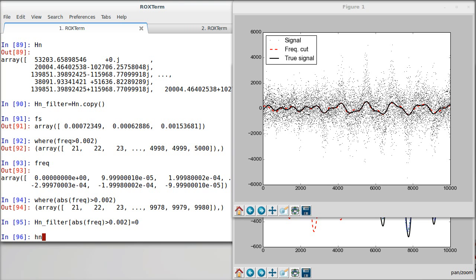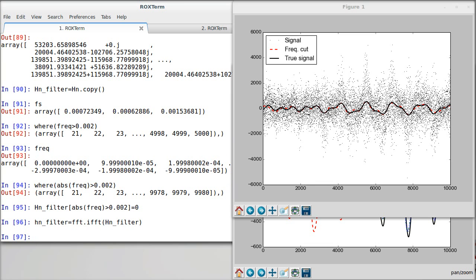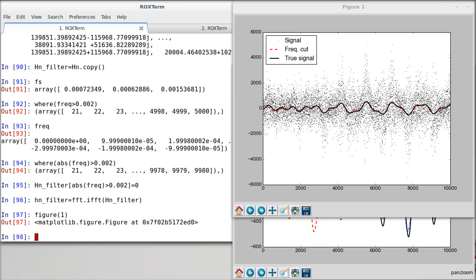Okay. Well, we can look at what the signal looks like by doing the inverse Fourier transform of this. Let's go back to figure 1 and plot in there. What was this? HN filter.